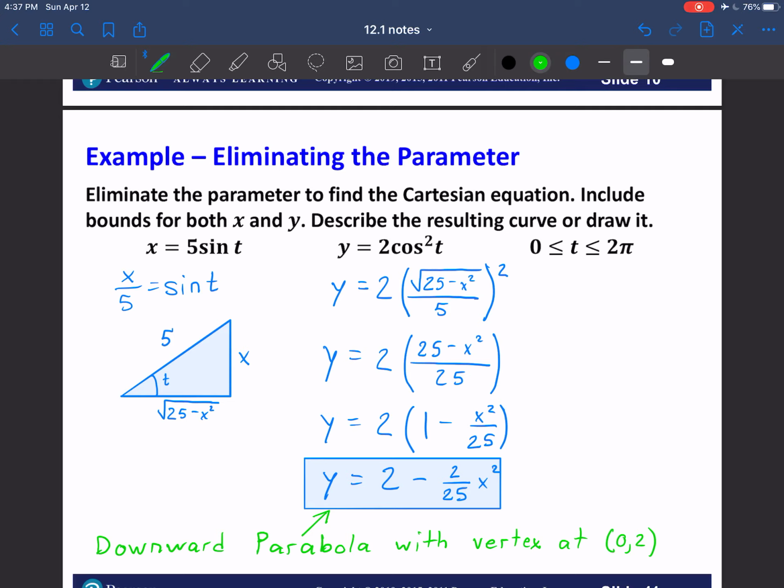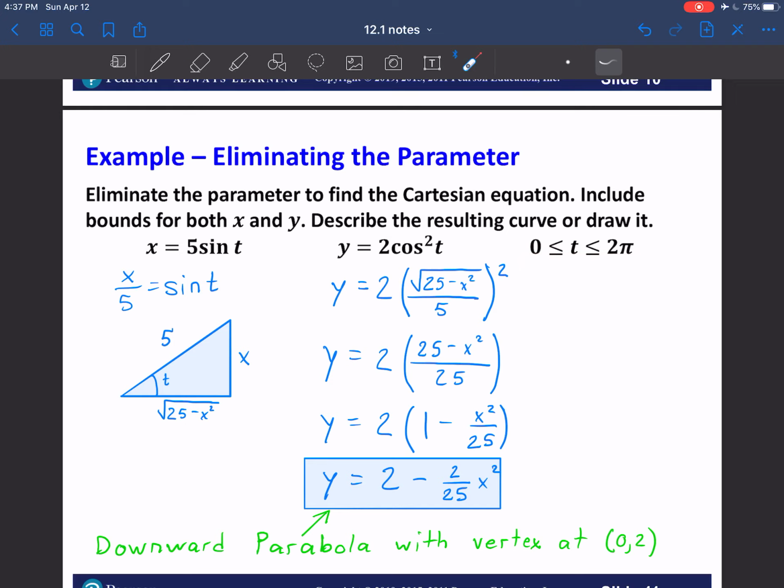So we also want to include bounds for both x and y. So the way that we do that is we should look at our function x equals 5 sine of t and y equals 2 cosine squared of t and ask ourselves, what are the highest and smallest numbers that x can take on between 0 and 2 pi?